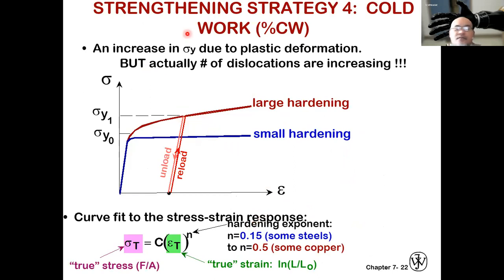By cold working, we can increase sigma Y, that is yield strength, due to the plastic deformation. But actually, the number of dislocations is increasing. This seems to be a paradox. The number of dislocations increases, but the material becomes stronger. How come? Because the dislocations are entangled with each other.